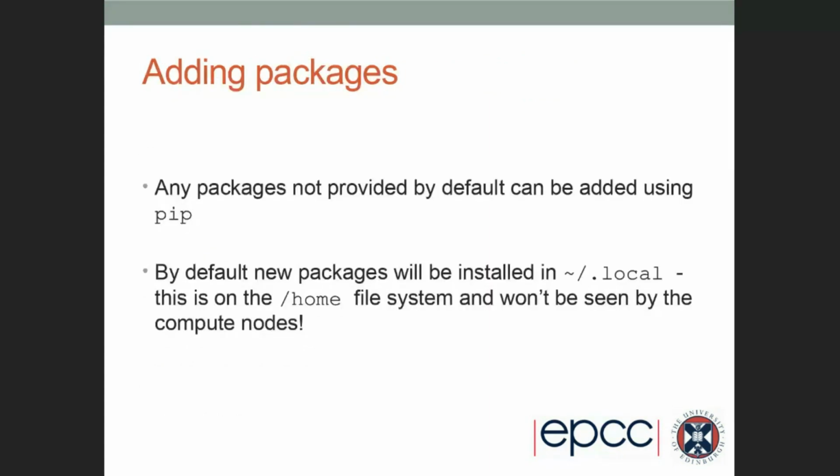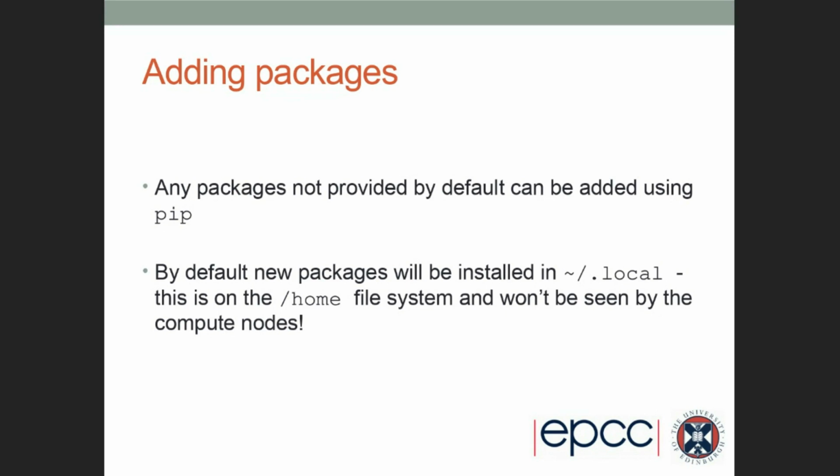So there are many packages provided with the distribution on ARCHER2, but you may want to install your own. The easiest way to do this is to use pip. Pip is pretty commonly used, so some of you may have a lot of experience using it already. One of the catches, however, on ARCHER2 is that by default, it installs packages in .local, which is on the home file system.